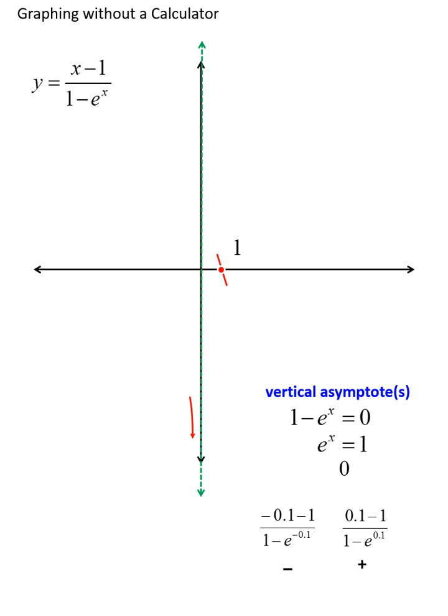Therefore, e to the something slightly bigger than 0 is slightly bigger than 1. So my denominator is 1 minus something slightly bigger than 1. 1 minus something bigger than 1 is negative, and hence the denominator is negative and the overall quantity positive. The fact that I have a positive y value when x is 0.1 means that my graph must be up here and therefore approaching the asymptote in an upward fashion as shown.